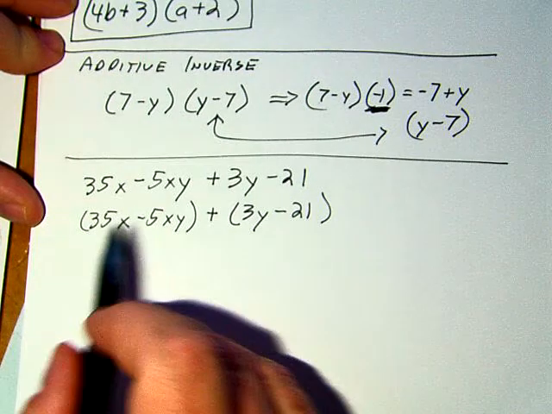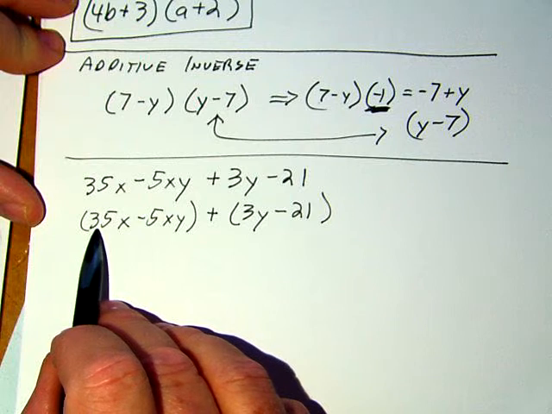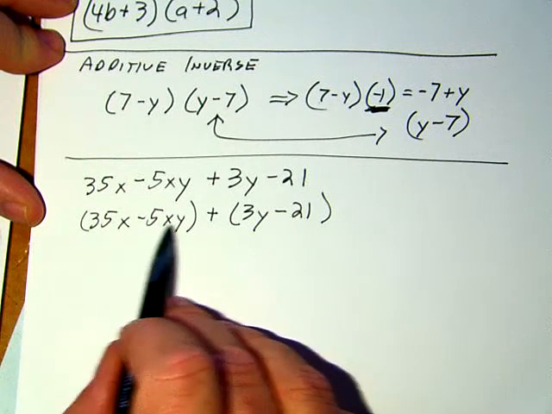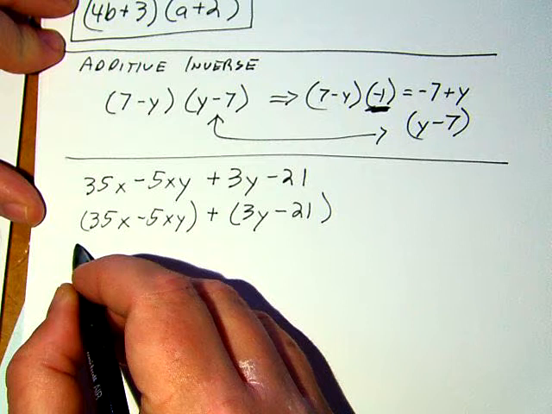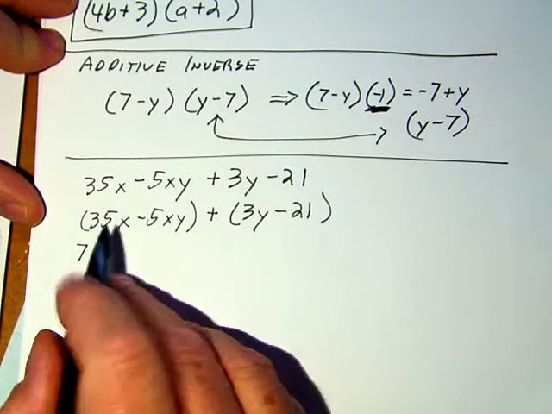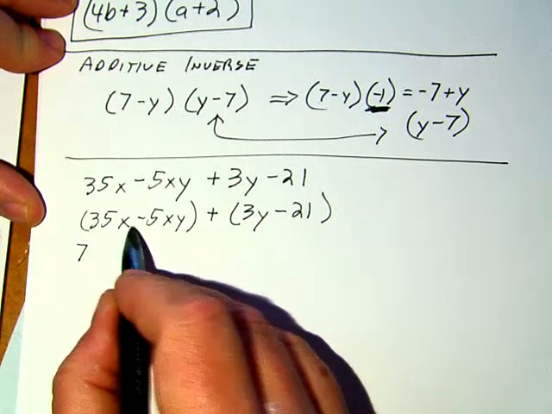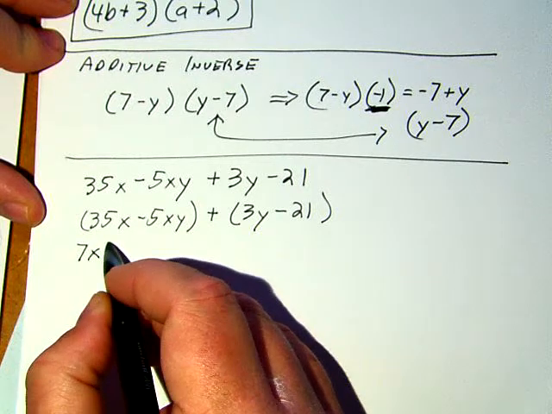If I want to divide 5 and 35, I'm going to divide them both by 5. So I'm going to pull a 7 out here, and an x out because there's x in both terms.